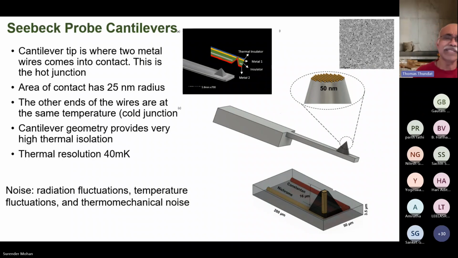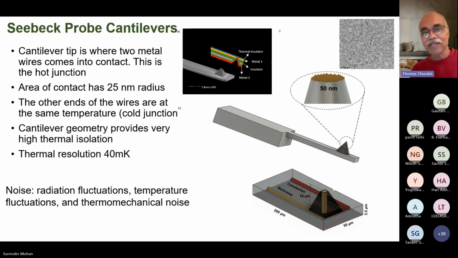So here it is at least 4 times higher. But the beauty here is that the area is very small. On a cantilever, the area can be 10 to the power minus 8 square meters. And here it is thousands, even a million times smaller than that of a cantilever.